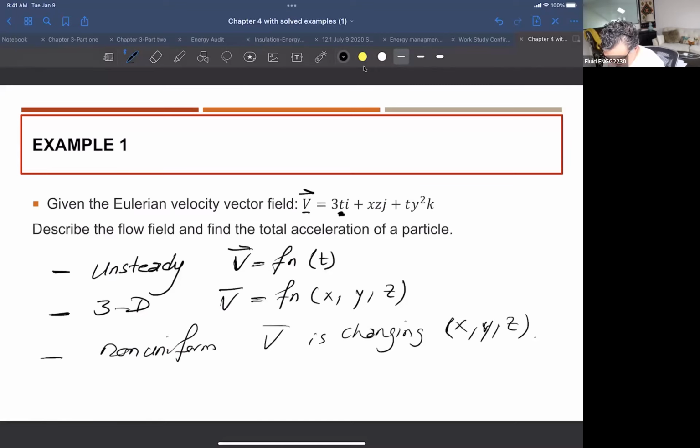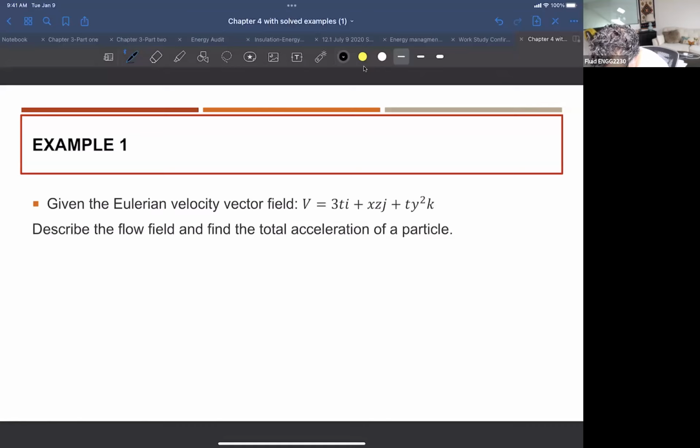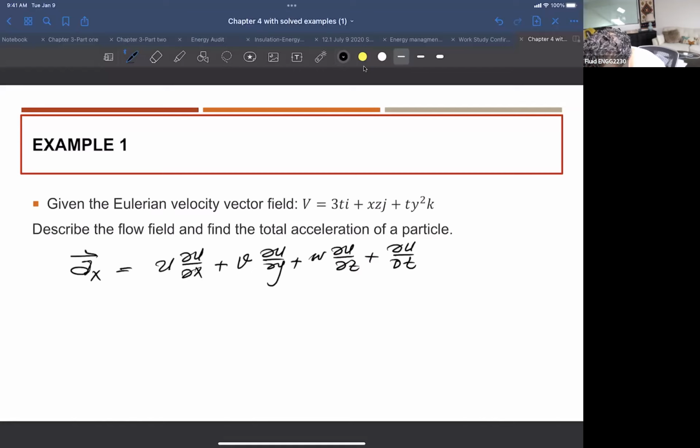Okay, what can we find out? Acceleration. How can we find acceleration? Acceleration x is u du by dx plus v du by dy plus w du by dz plus du by dt. This is all just one vector.